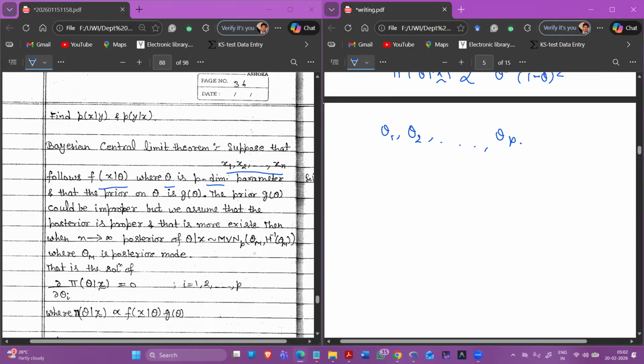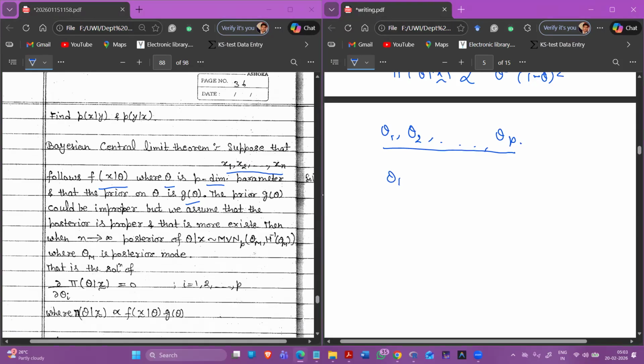You can have multiple parameters in your density function, right? Correct. And the prior on theta is g(theta).